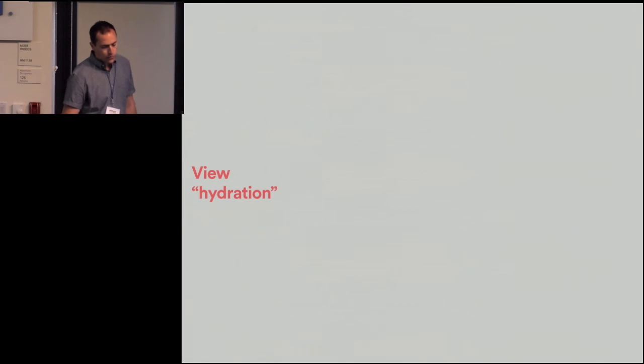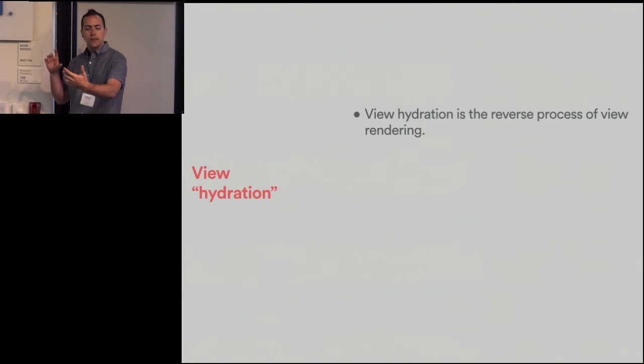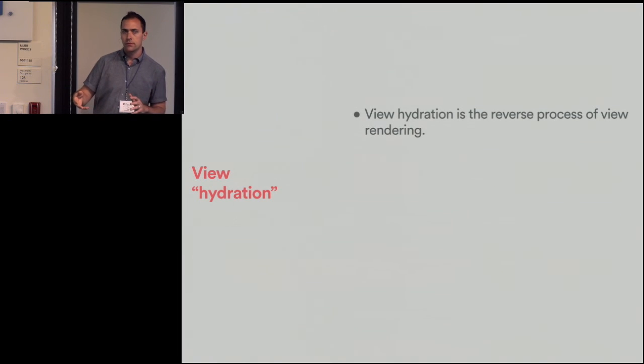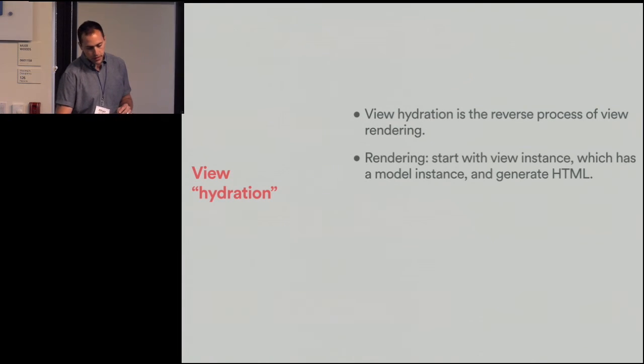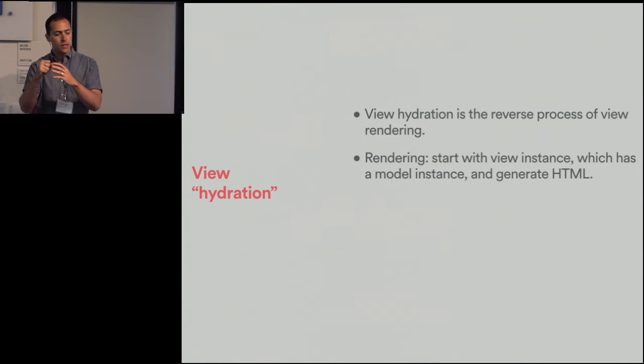So view hydration is kind of the reverse process of view rendering. Because when you're rendering your typical client-side app, you start with a view instance, and then that view instance maybe has a model or a collection instance attached to it, and then you use that to generate the HTML. Right?